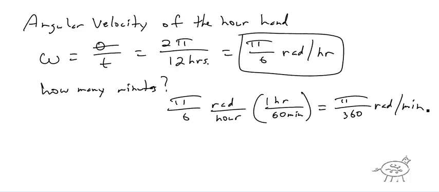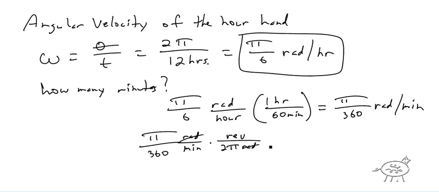If I asked you to convert that into how many revolutions per minute, well, you would just say pi over 360 times, let's put our units, radians per minute, and I'm going to convert that into revolutions. So it's 2 pi radians per 1 revolution.